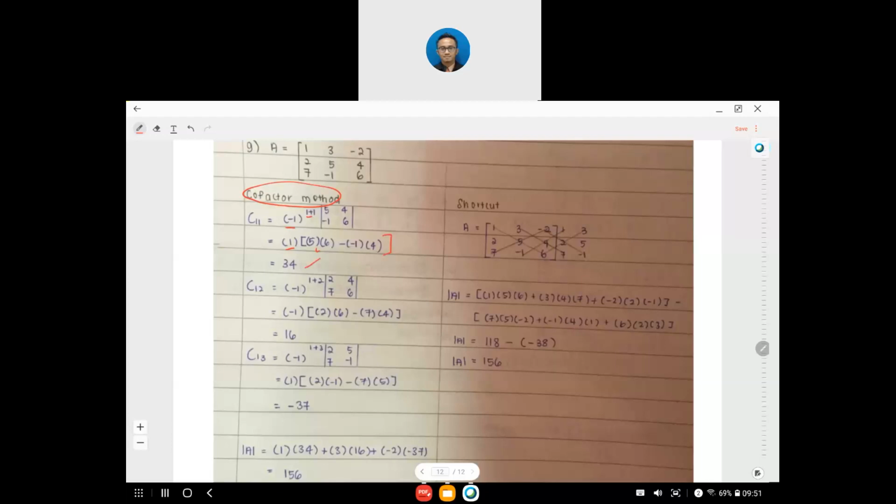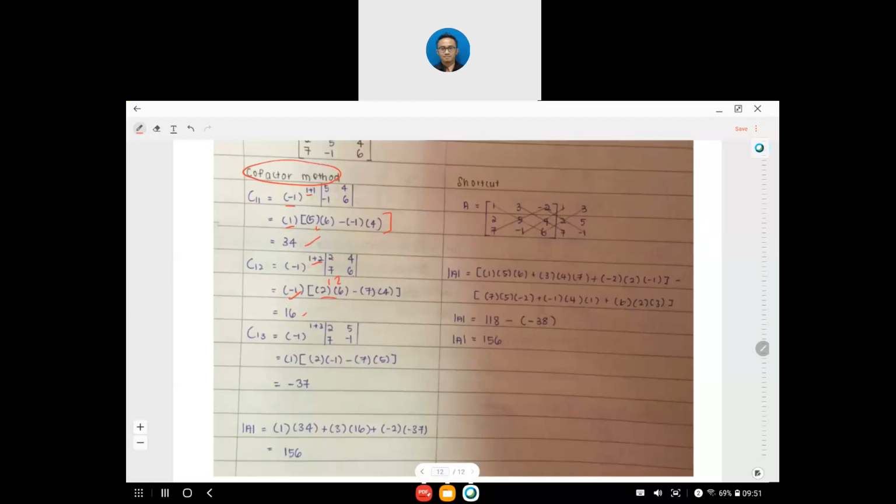Okay, and then negative 1, the power of 3, so it becomes negative 1 here because the power of odd number. 2 times 6, okay, 12 minus 28.